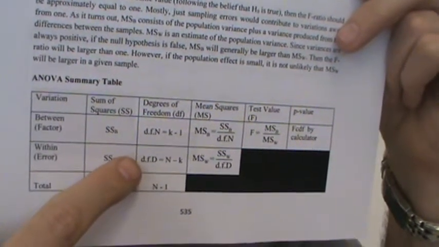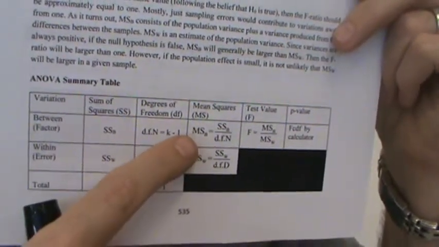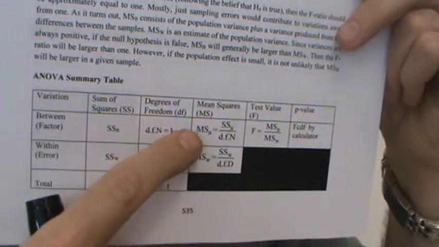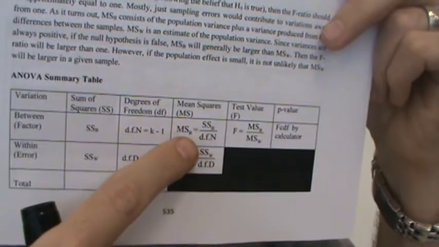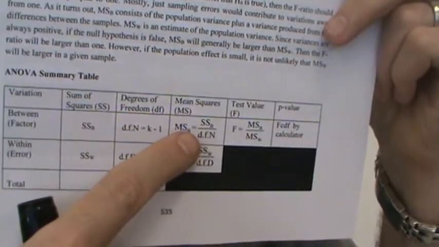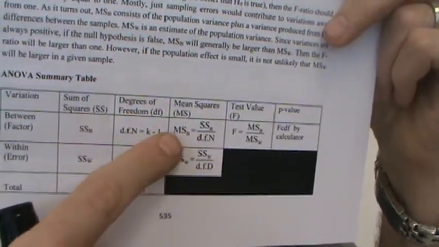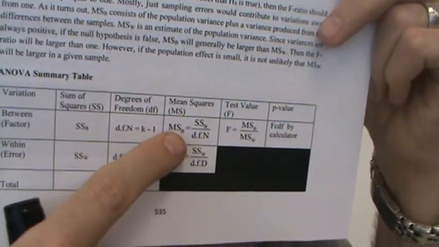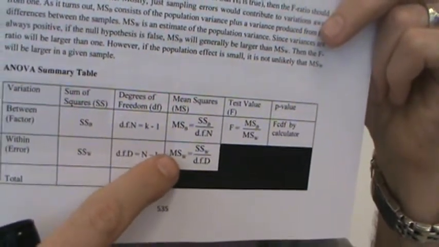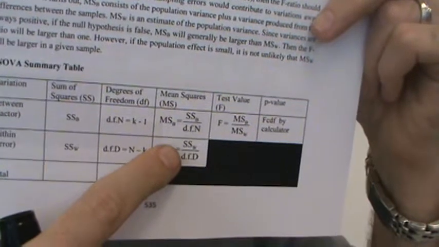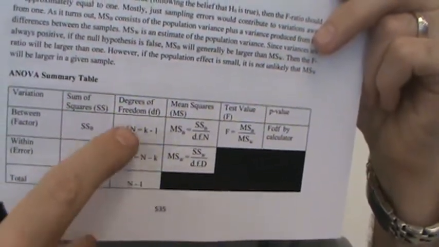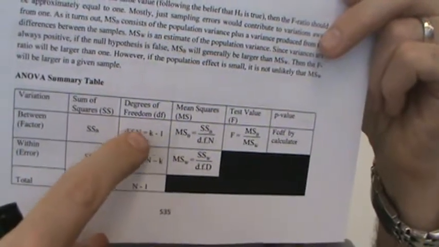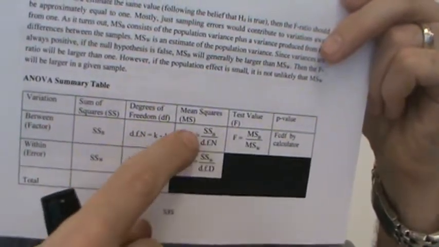Okay, and then this is the MS. This is the mean squared. This is what we're doing. We're taking the sum of squares, dividing by the degrees of freedom of the numerator. This is the mean squares for the between. This is the mean square for the within. So all we're doing is taking the sum of squares right here and dividing each by their corresponding degrees of freedom to get these two.